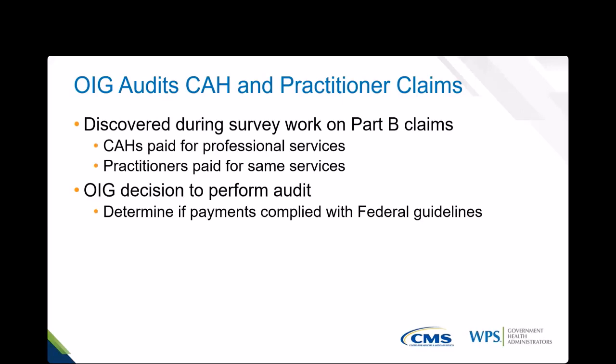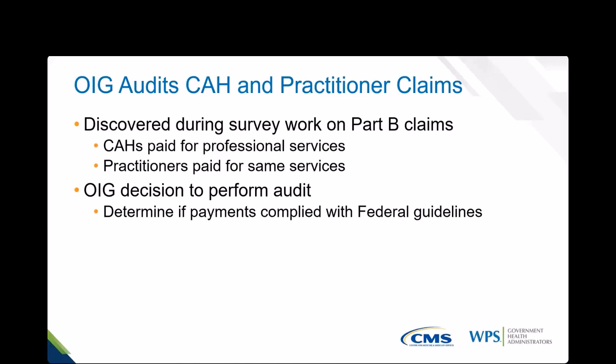If you're not familiar with what the OIG's role is with Medicare, they are at the forefront of the nation's efforts to fight waste, fraud, and abuse. And they also work very hard to improve the efficiency of Medicare, Medicaid, and other Department of Health and Human Services programs.